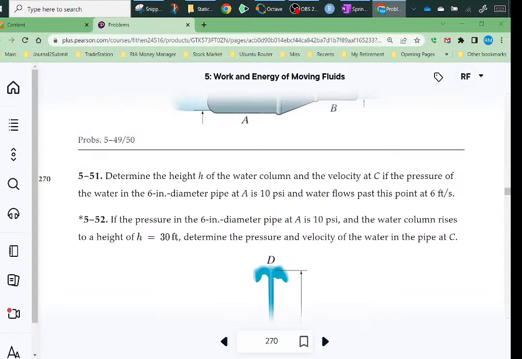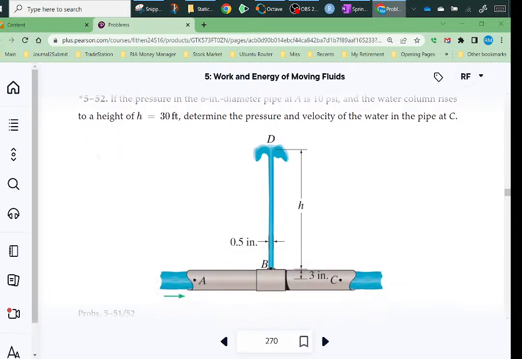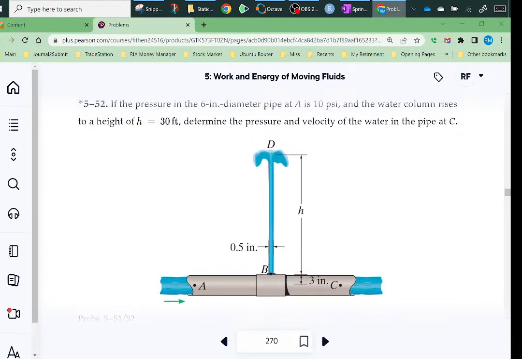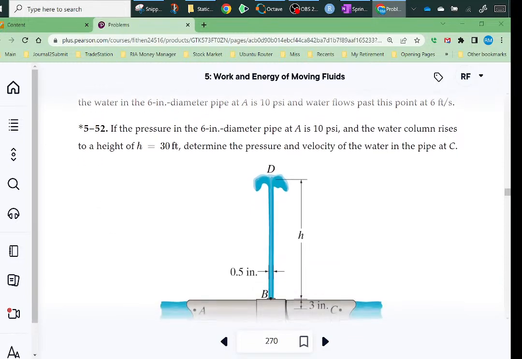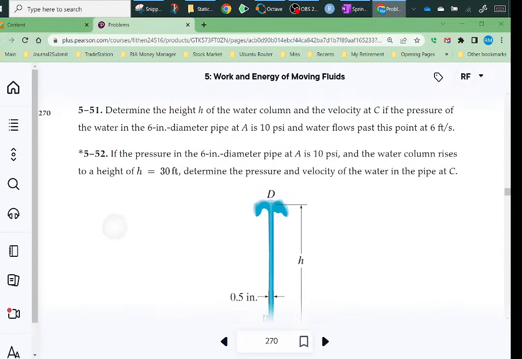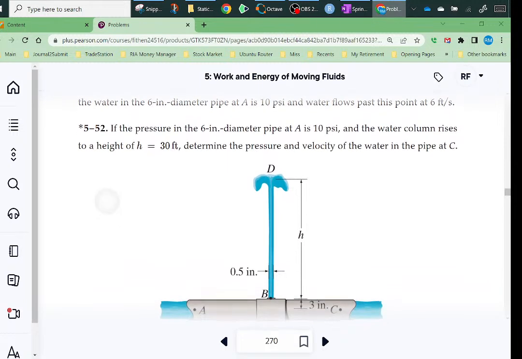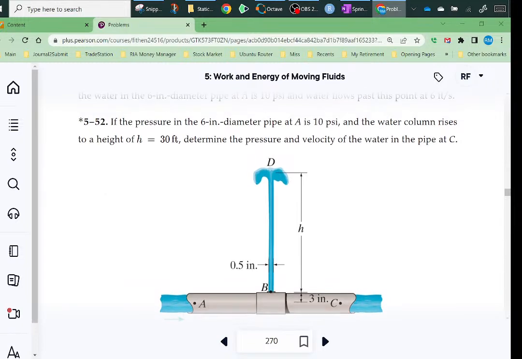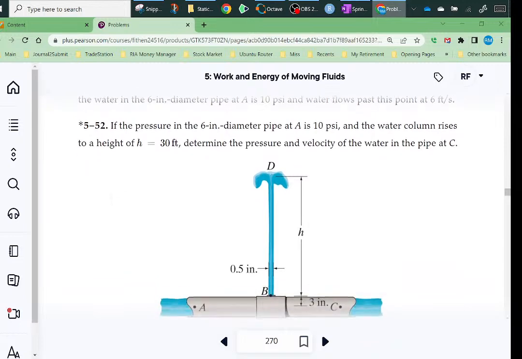It says, determine the height H of the column. The velocity, is that associated with that? Yeah. Determine the height of the column of water and the velocity at C if the pressure of the water in the 6-inch pipe diameter at A is 10 psi. Water flows past this point, okay.